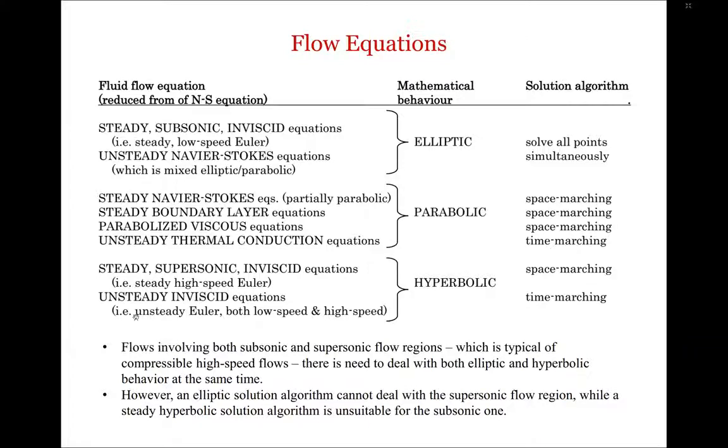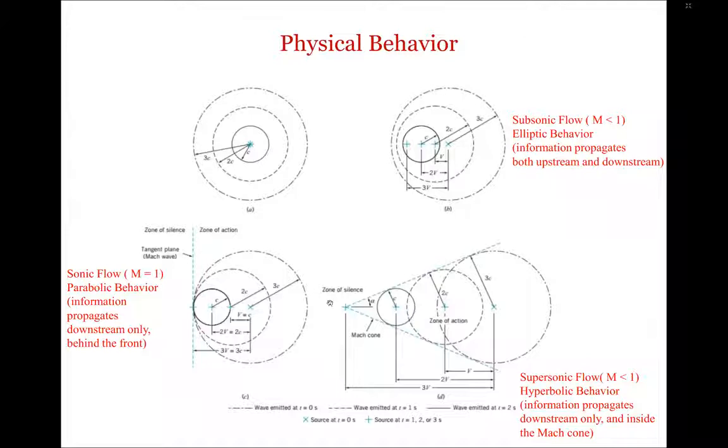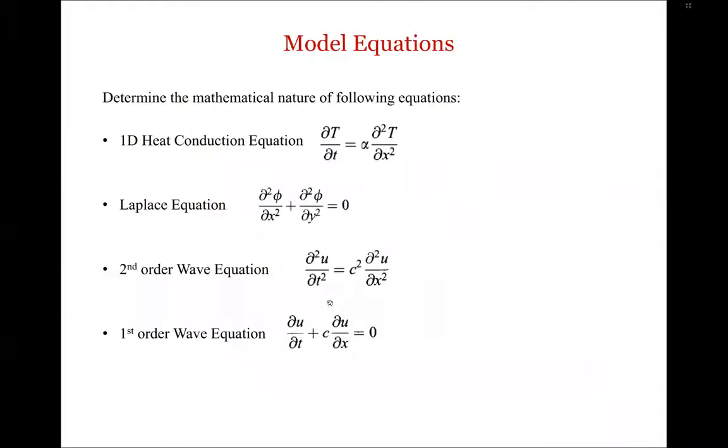Flows involving both subsonic and supersonic flow regions, which is typical of compressible high-speed flow, need care. There is no need to deal with both elliptical and hyperbolic behavior at a time; however, an elliptical solution algorithm cannot deal with the supersonic flow region, while a steady hyperbolic solution algorithm is unsuitable for the subsonic one. So this is basically the physical behavior.